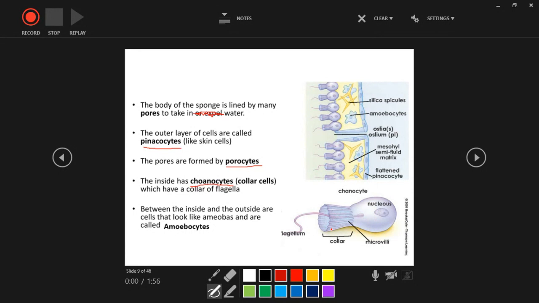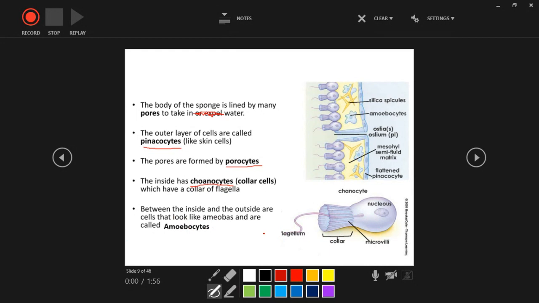Choanoflagellates are protists. Here, the choanocyte is the feeding cell inside of a sponge. You see the flagellum, and you see the collar around the flagellum. And here the amoebocytes move around in this mesohyl on the inside.